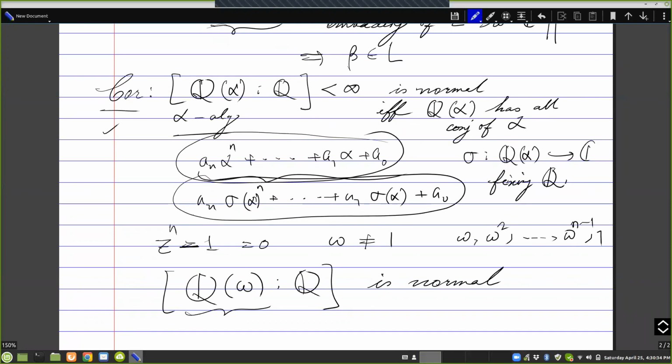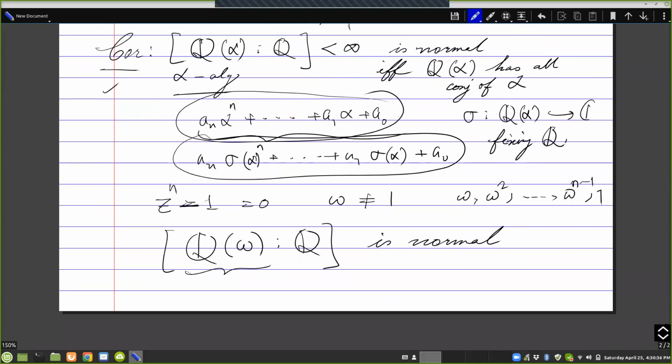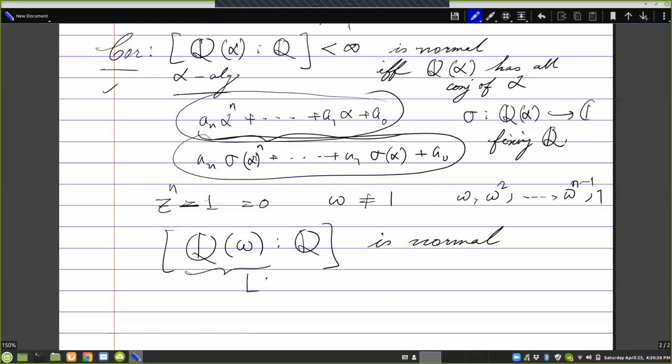And then we stop with introducing a notation. Suppose I have an extension L over K. It's a finite extension, as we said, I always consider finite. So G(L over K), we read it as the Galois group of the extension.